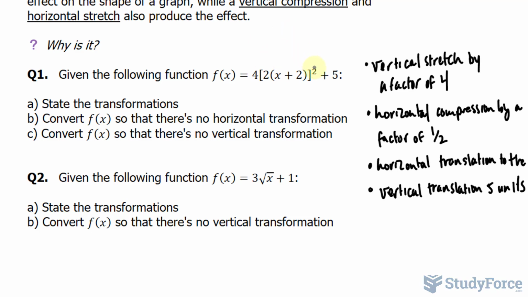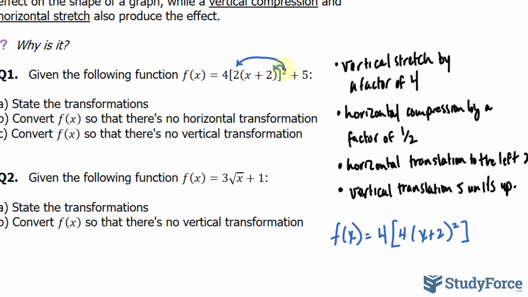We can distribute this power of 2 to the two factors within the brackets, being 2 and x plus 2. And this makes our function look like this. We have 4, and now we have 2 to the power of 2, which makes 4, times x plus 2 to the power of 2, and notice that the exponent 2 is no longer written out here because we've distributed to the two factors, plus 5.